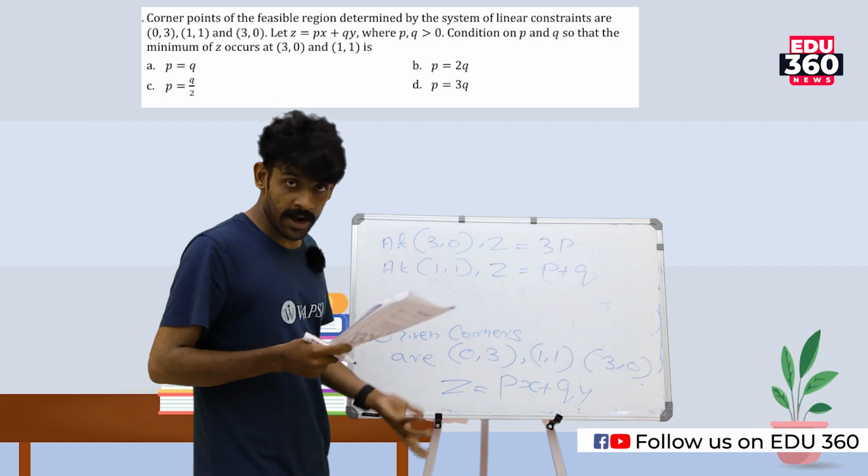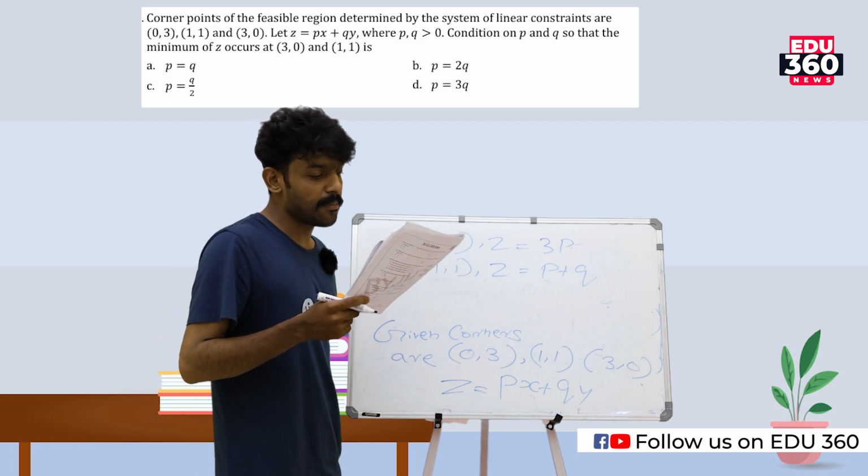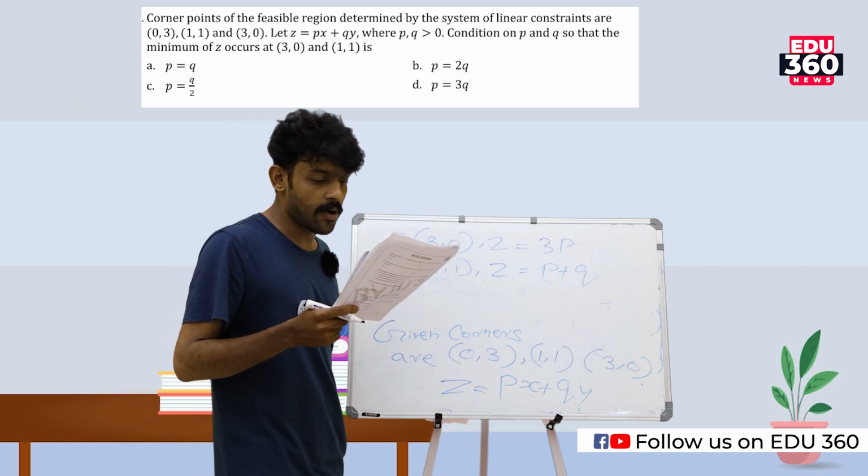It's already given in the question that the minimum of Z occurs at (3, 0) and (1, 1).